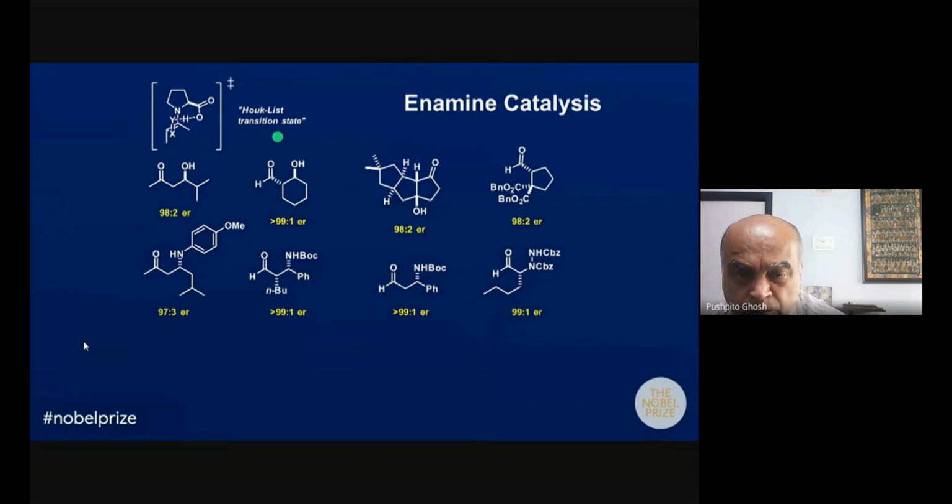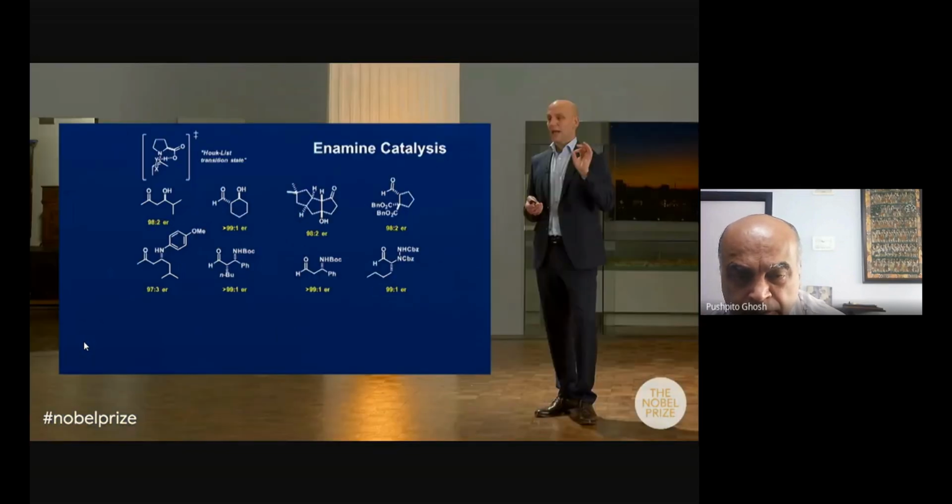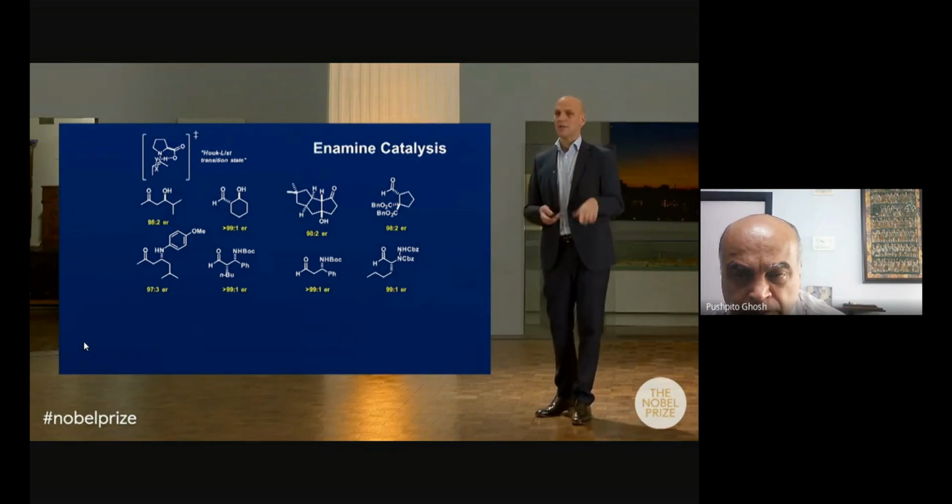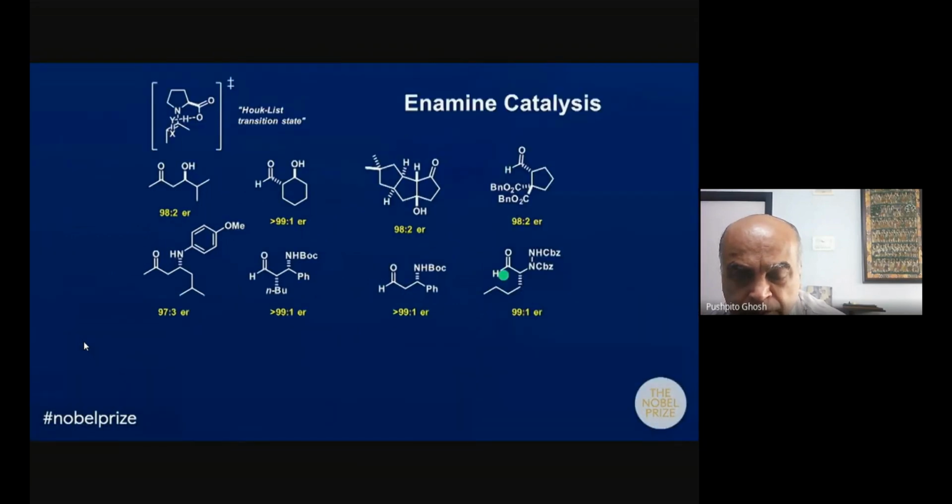And I said this before, who knows the final truth of this mechanism? In any case, this model has a very powerful predictive character, and all of the reactions I will be discussing with you today could have, or indeed have been predicted on the basis of this transition state.